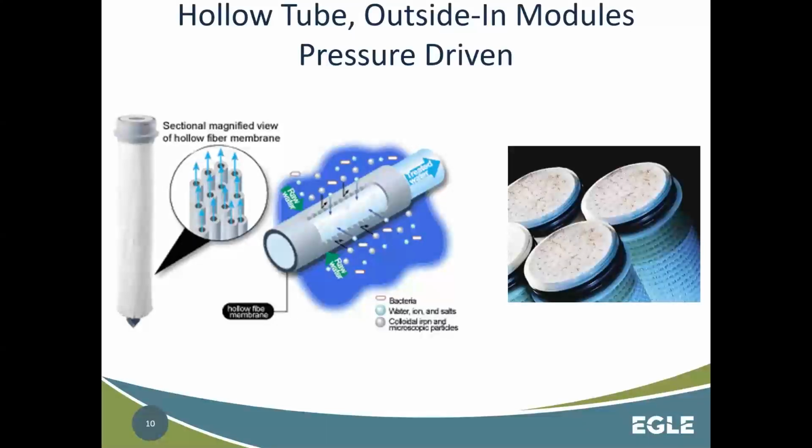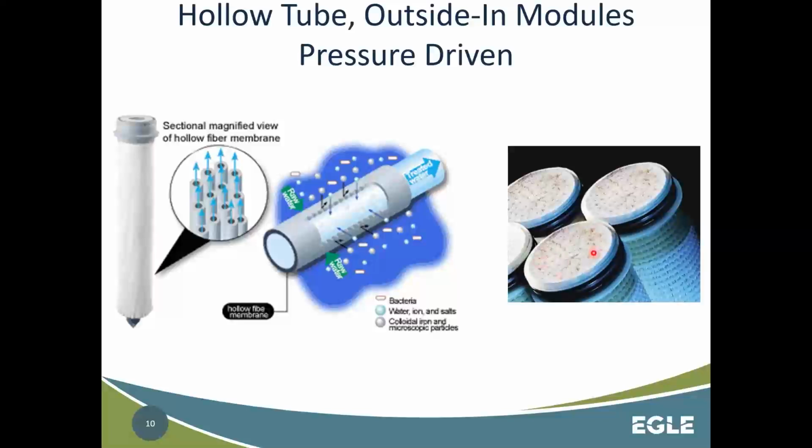All right, so I kind of described this already, but some of the terminology: these little individual fibers are called fibers. When they're all packed inside this pressurized container, that's called the module. The water comes in on the outside of these, goes through the sidewall, and then the finished water comes out the center of these fibers. The end of the module they call the potted end.